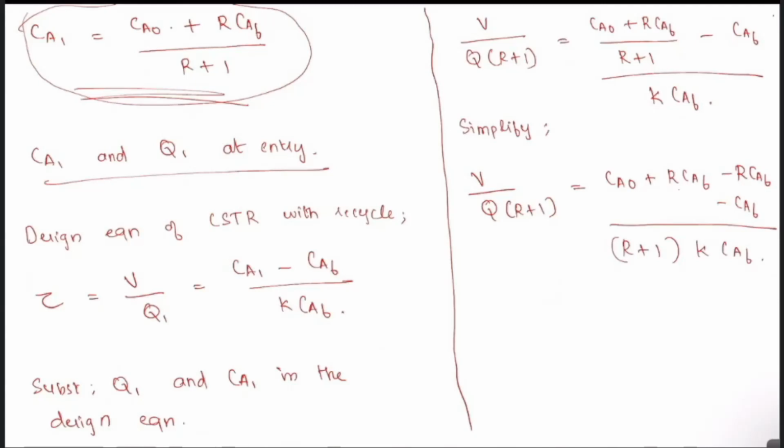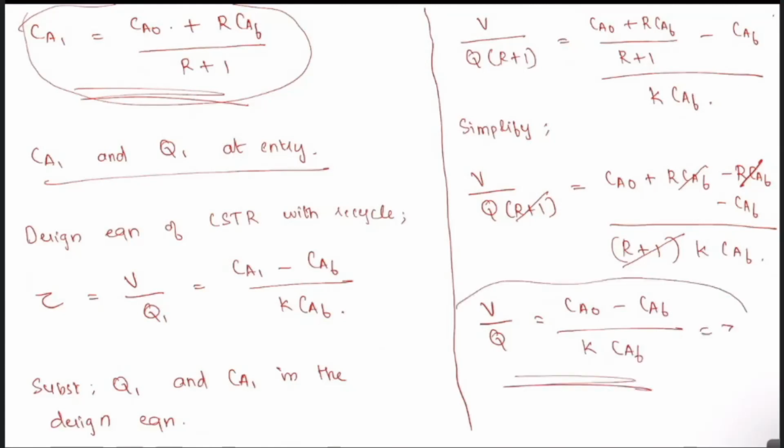Now this RCAF and RCAF will get cancelled. This R plus 1 on the right hand side and R plus 1 on the left hand side will also get cancelled, and we'll get a final equation V by Q is equal to CA0 minus CAF by KCAF, and this is equal to tau. So this is the tau for CSTR with recycle.